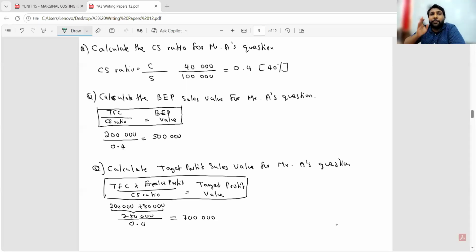If it is break even point sales value, you should do total fixed cost divided by the CS ratio. If it is target profit sales value, total fixed cost plus target profit divided by the CS ratio. So get the idea, people, using the CS ratio, you can find out that value.